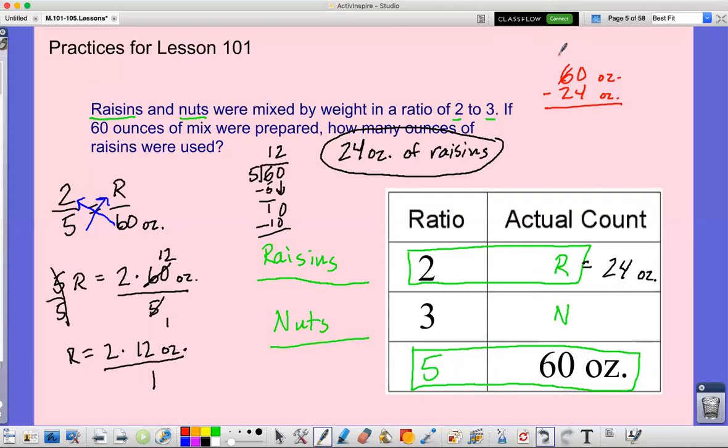So I've got, in this case, this would be 5, this would turn into 10, and this would be 6, this would be 3, it'd be 36 ounces. So in this case, it'd be 36 ounces of nuts, 24 ounces of raisins. Combine the two together, it should end up being 60 ounces. 20 plus 30 is 50, 10 there, 50 plus 10 is 60.